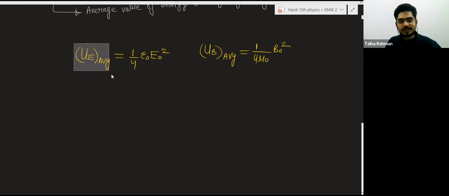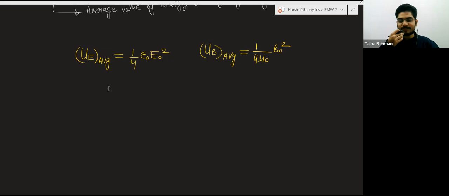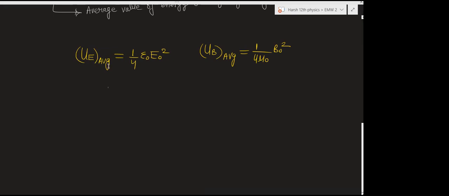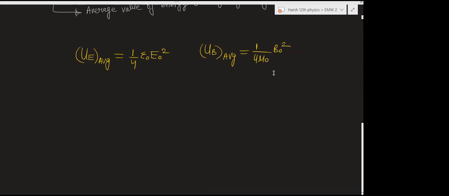And what is this? This is not mu e, this is small u suffix e, the average energy density of the electric field. What is mu naught? The permeability of free space. Very good.